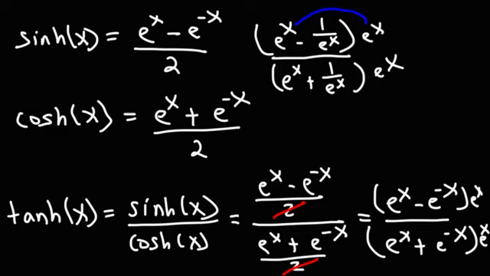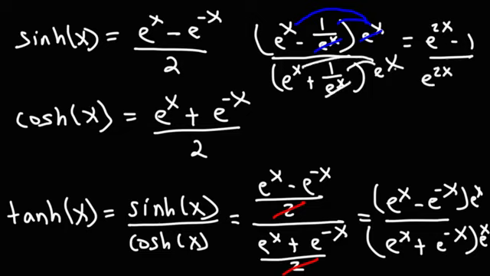When you multiply common bases, you need to add the exponents. For instance, a squared times a to the third is a to the 2 plus 3, which is a to the 5. So e to the x times e to the x, you have x plus x, you get 2x. When we multiply these two, e to the x times 1 over e to the x, they cancel, and we're just going to get minus 1. Here, this is going to give us e to the 2x, and this is just going to give us plus 1.